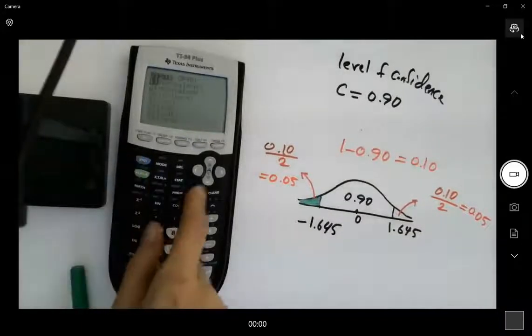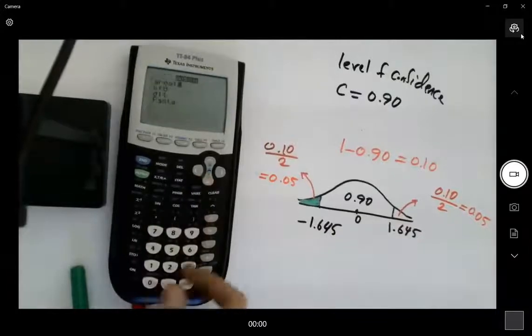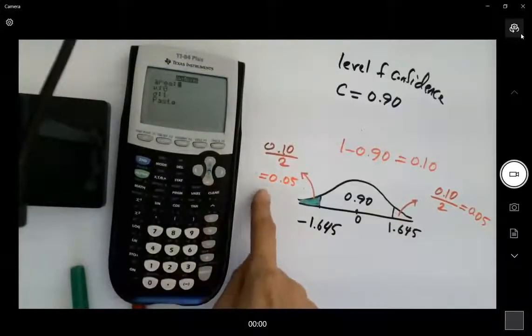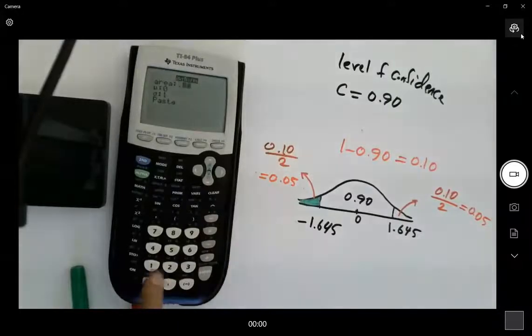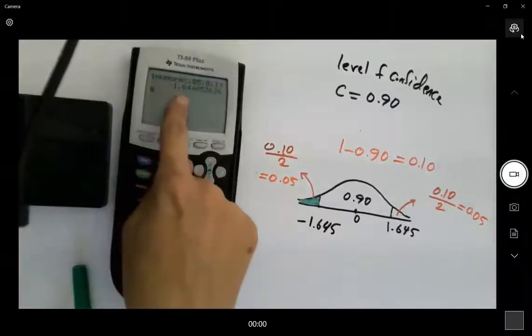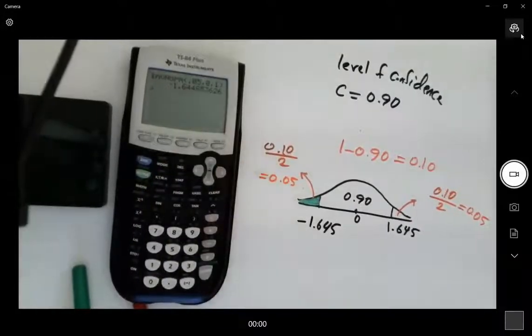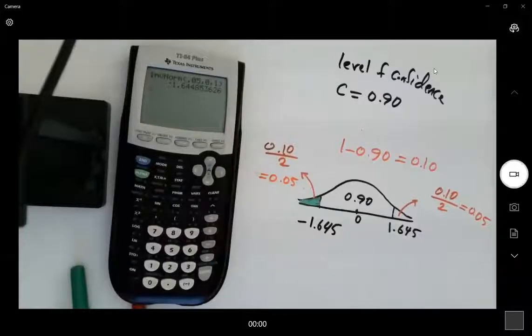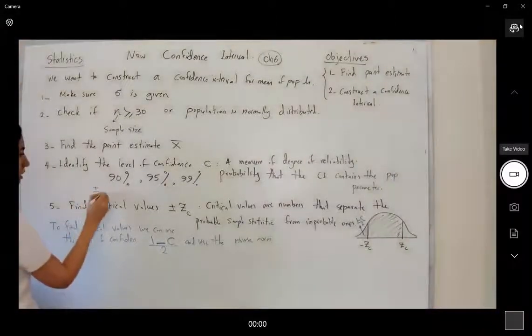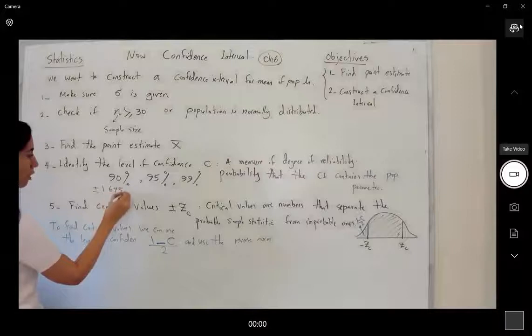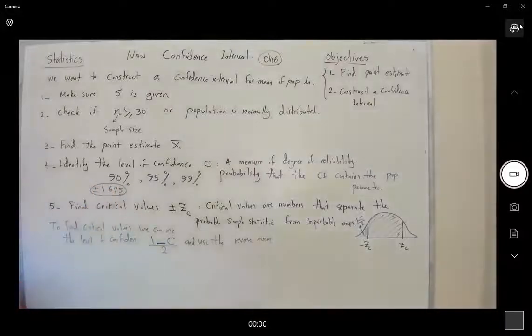Second option, we go to inverse norm, and the area is equal to 0.05. You get negative 1.64, and if you round it, you get 1.645. So this is plus or minus 1.645, the critical values for the 90% confidence level.